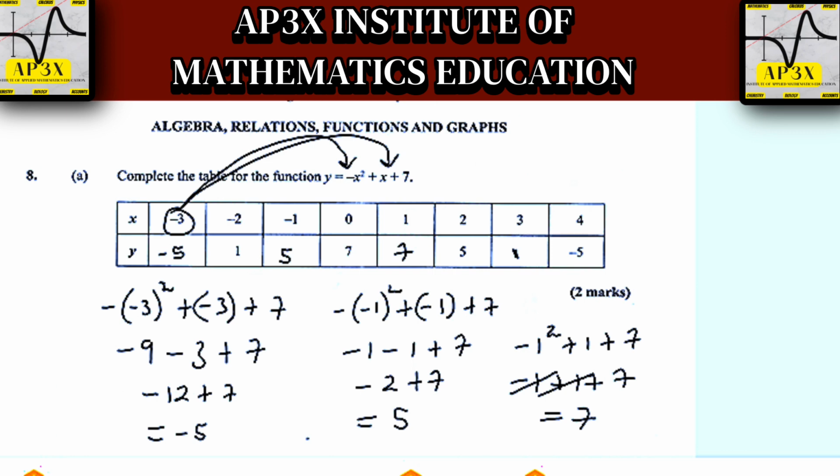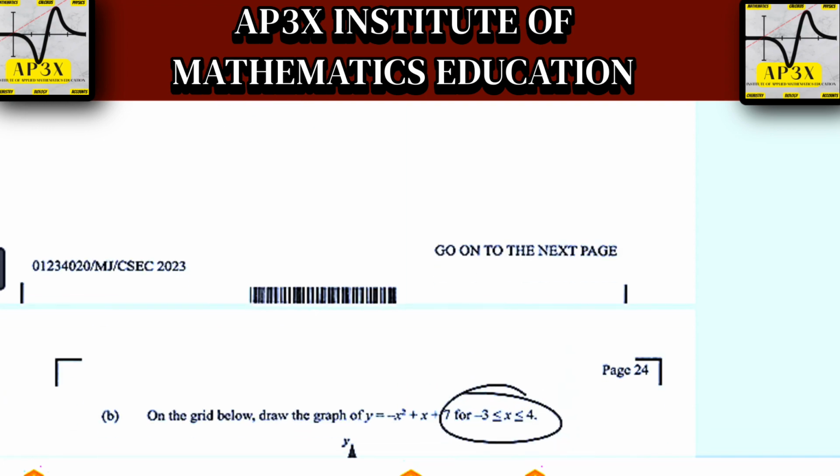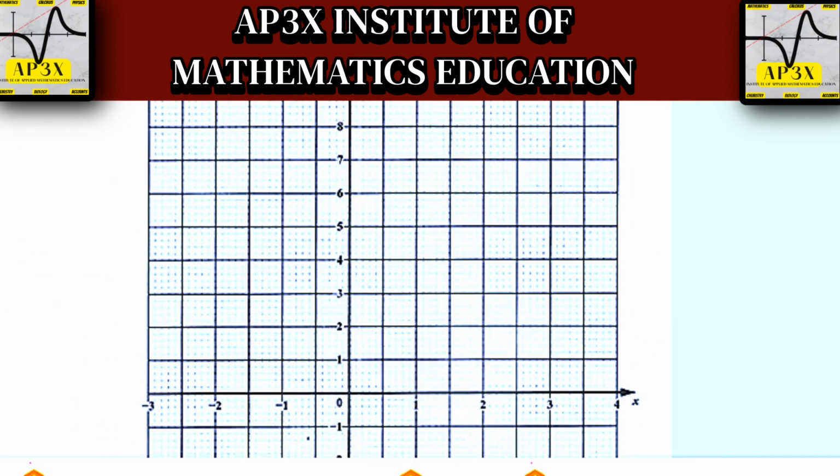I have 1 to 7. I have 2 to 5. I have 3 to 1, and I have 4 to negative 5. All right, good. Okay, so let's go down to our graph and look and plot then.